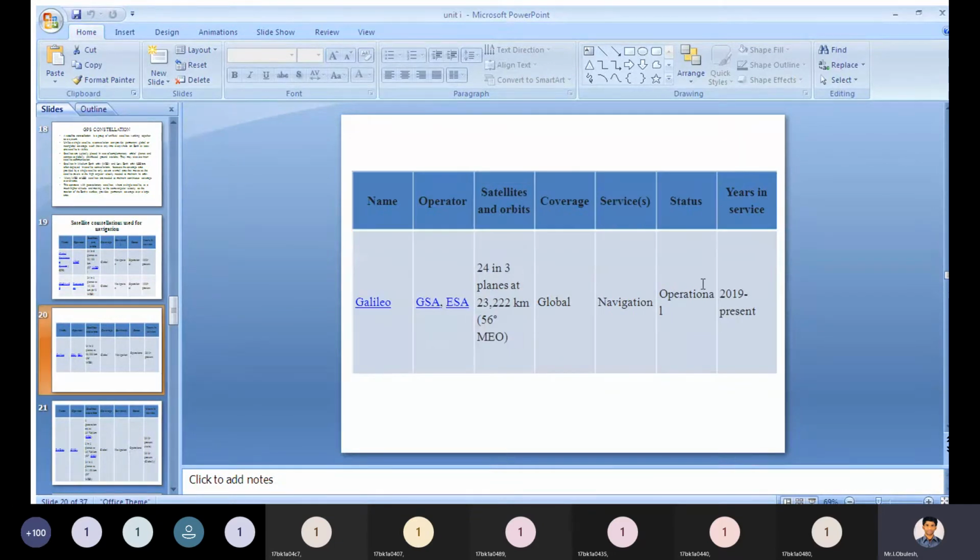Next is Galileo. Who is the owner of Galileo? The owner is the European Union, or Soviet Union. The operator names are GSA and ESA.